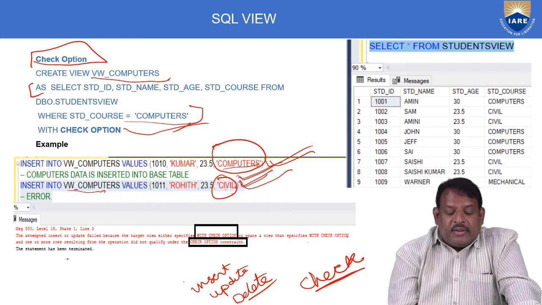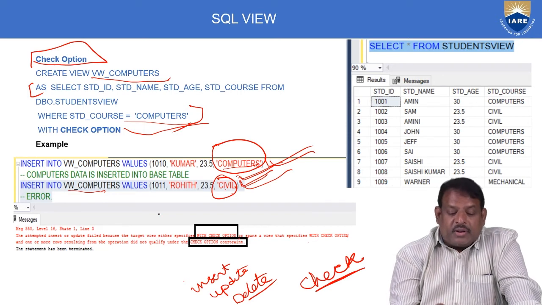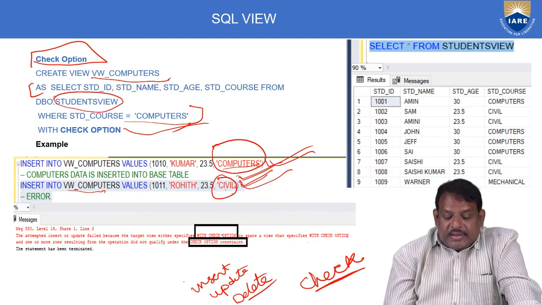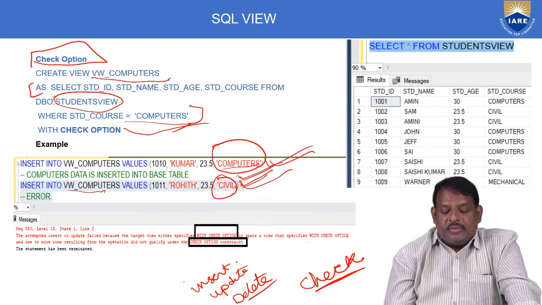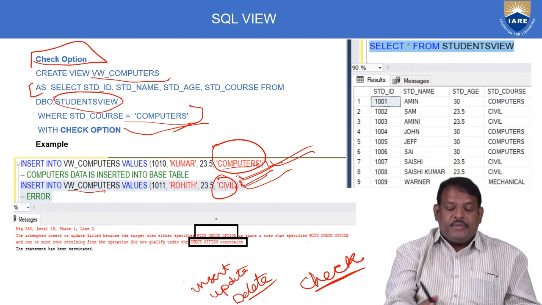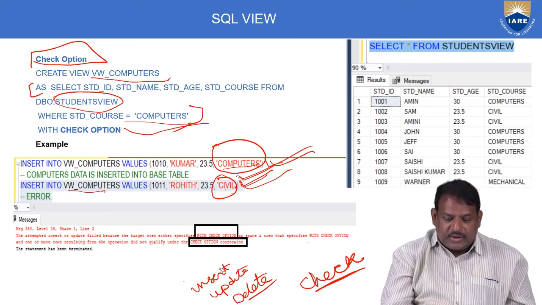It says the insert or update failed because the target view, which is the student view, specifies the check option. The check option is what prevents other data from being inserted.